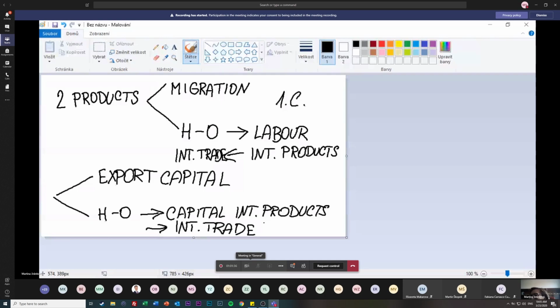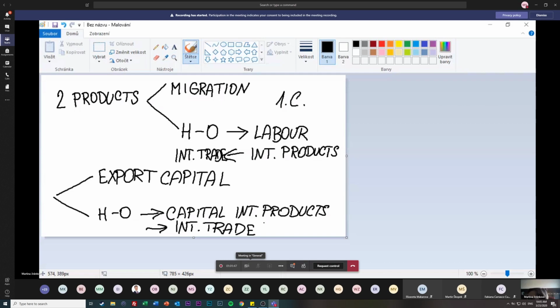But it's necessary to say what I didn't notice: migration is definitely connected with other problems, such as religion, social problems, language barriers, and so on. So there will always be both forms of international relations.